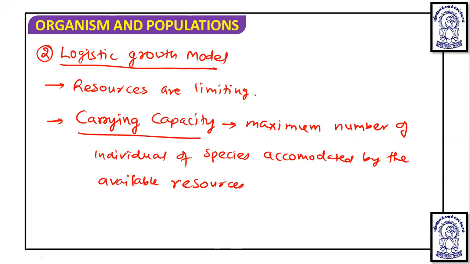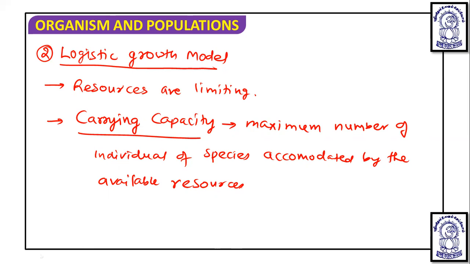So if resources are limited, the population will grow up to a maximum limit, and that is the carrying capacity. Thus, nature does not provide unlimited resource availability to permit exponential growth. Nature will not provide exponential growth, which we have discussed in the first one.